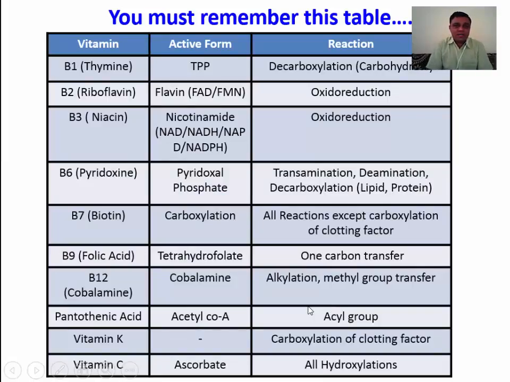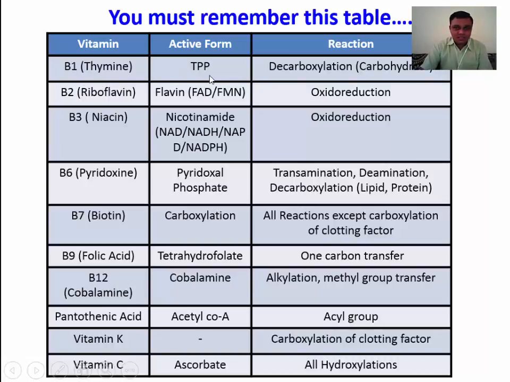This is a very important table you must remember. There are vitamins which will act as coenzymes, and you can see these are all the active forms of those vitamins, and these are the reactions where they are utilized as coenzymes.